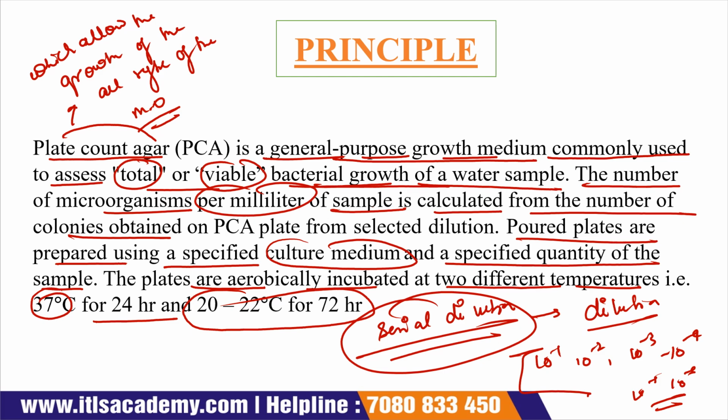So we put the plate inside the incubator at two different temperatures. For the first 24 hours we set the temperature at 37 degrees Celsius, and after that we change the temperature to between 20 and 22 degrees Celsius and allow the growth.